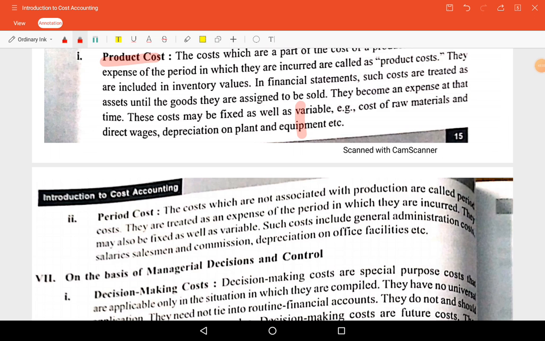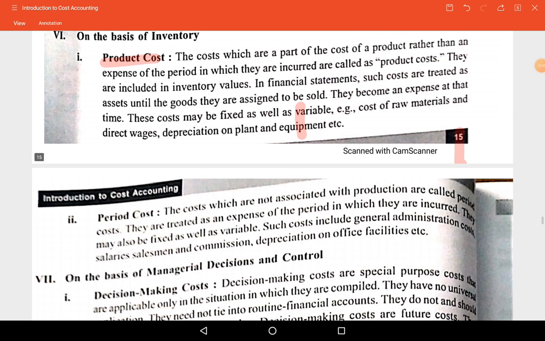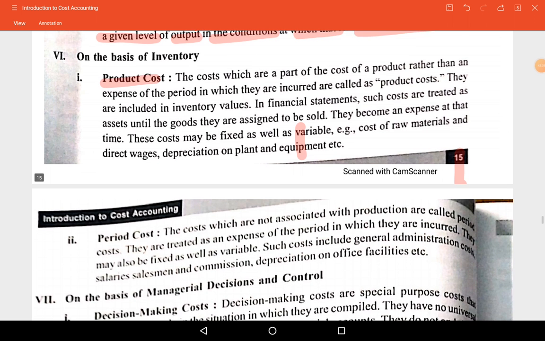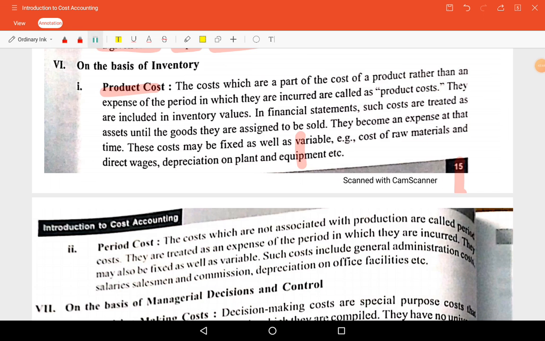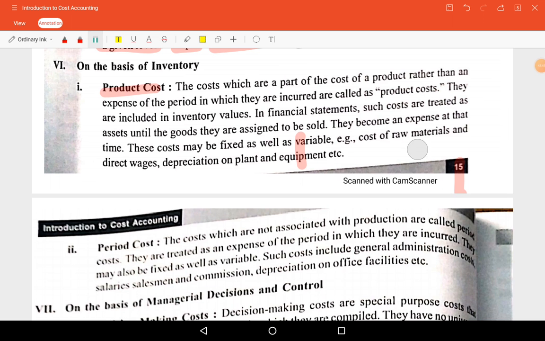Product costs are the costs which are part of the cost of product rather than an expense of the period in which they are incurred.